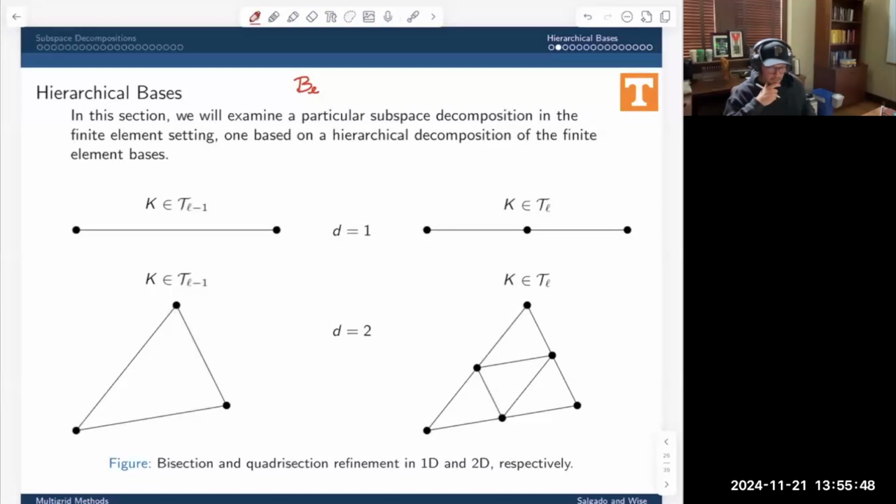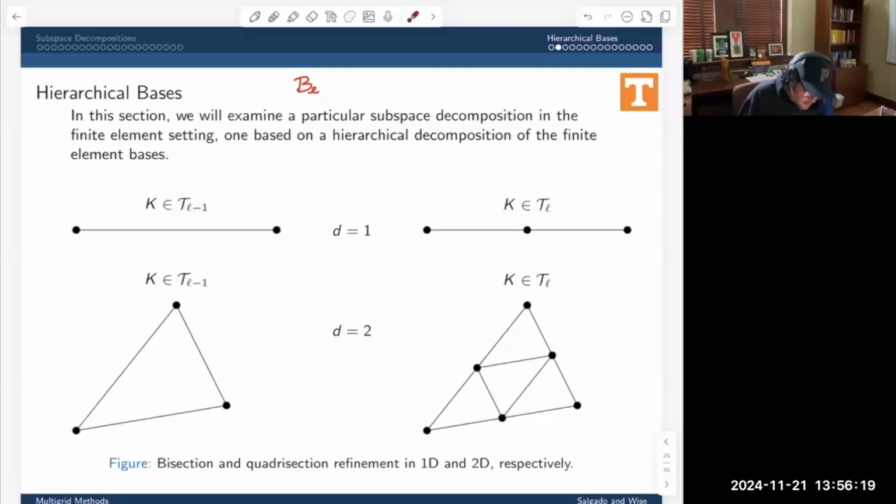But let's think about how we did refinement in the finite element setting. We only really explained it in d equals 1 and d equals 2, 1 dimension or 2 dimensions. So in 1 dimension, what do we do for refinement? We took a triangle in 1 dimension, which is just a line or an interval, and we bisected it by putting a new point in there.